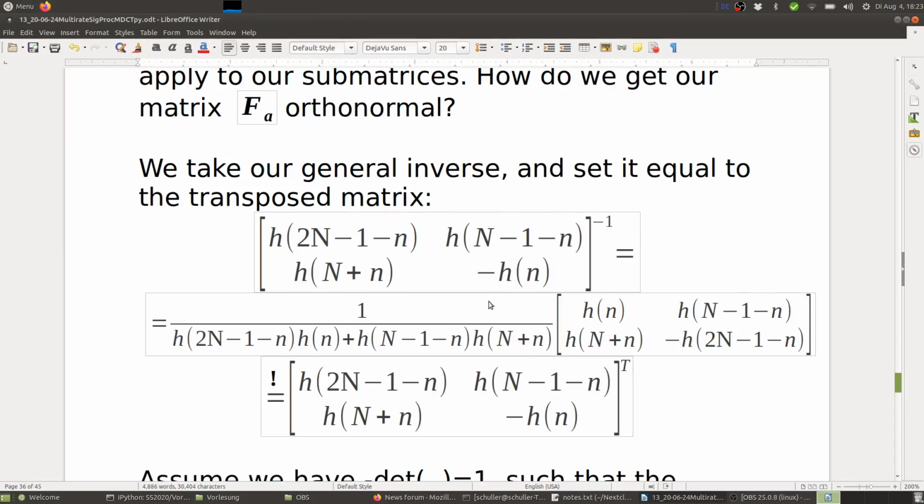Right, here is the closed form solution of our inverse that we just saw already. And now we want this inverse to be identical to its transpose, which is the next row. So here the equal sign with the exclamation mark means this is our wish. We want this part to be identical to the transpose. Right? So here this inverse should be this transpose. Then it's orthonormal.